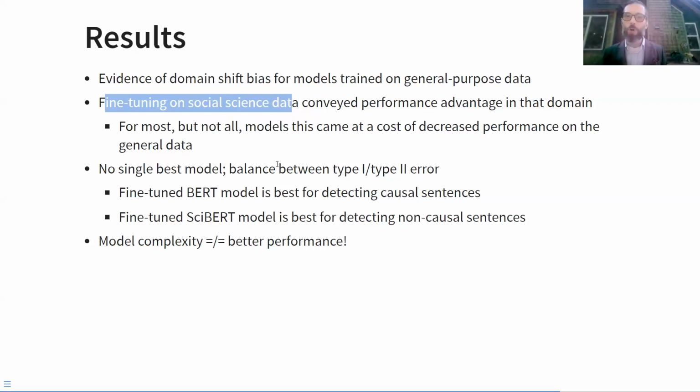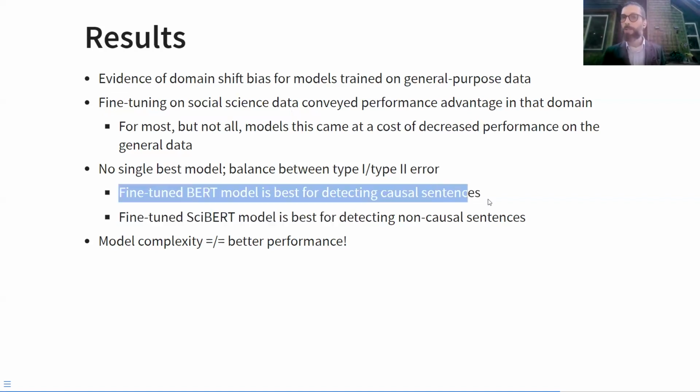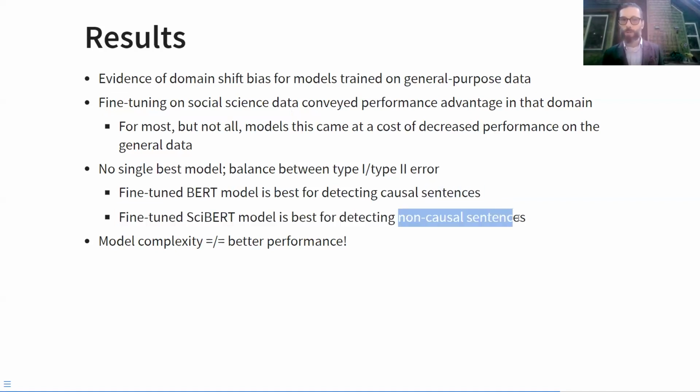For all of the models, we saw that there was a balance between type 1 and type 2 error. So you have to choose which model you prefer based on whether false positives or false negatives are more problematic. We saw that the fine-tuned BERT model was best for detecting causal sentences, and the fine-tuned SciBERT model, which is trained on scientific papers, was best for detecting non-causal sentences.